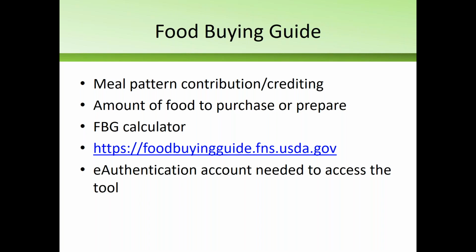So for example, if you would like to know how much broccoli you need to purchase for 100 half-cup servings, it will do the math for you. And it's also important to note that an e-authentication account does need to be set up to access the tool. But once it's set up, you have free access to use the tool at any time.